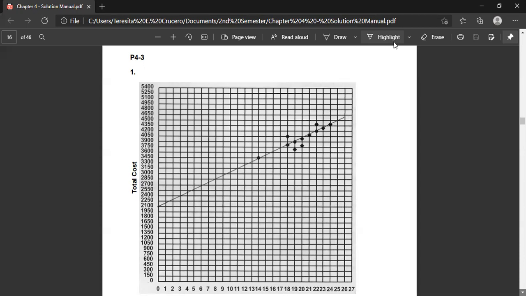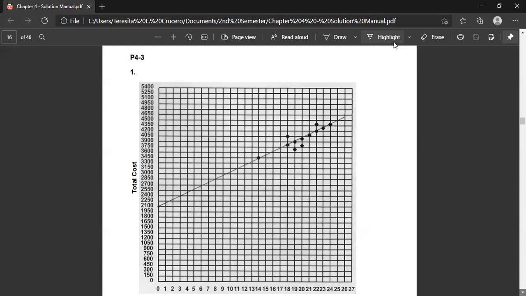That's the visual line. By drawing the line, it will fall directly here with 2,100. So in other words, it's a visual fit.